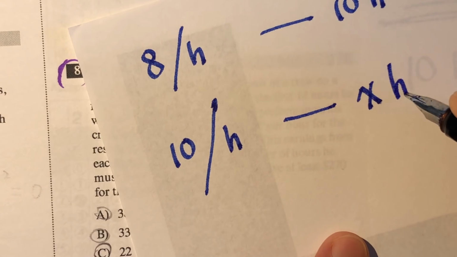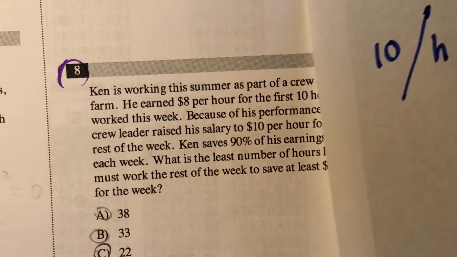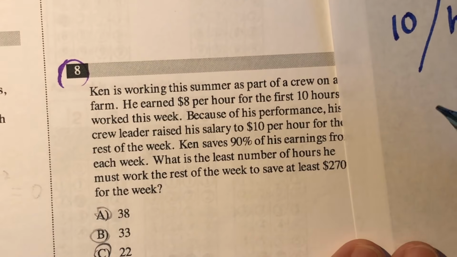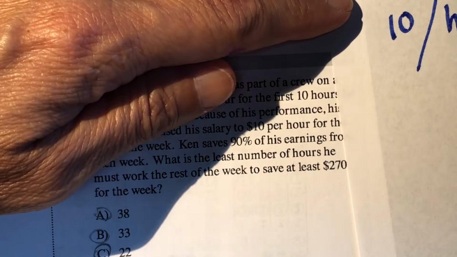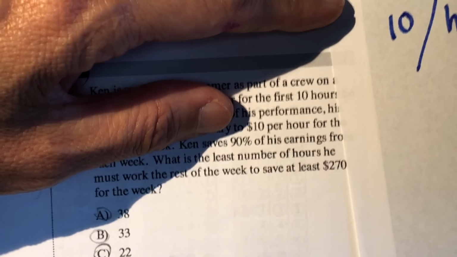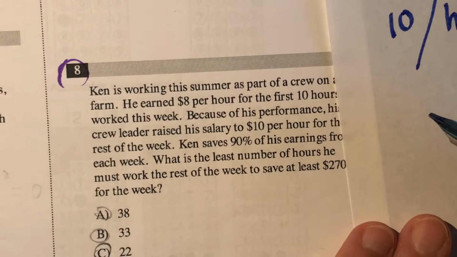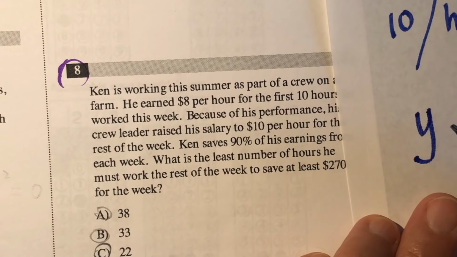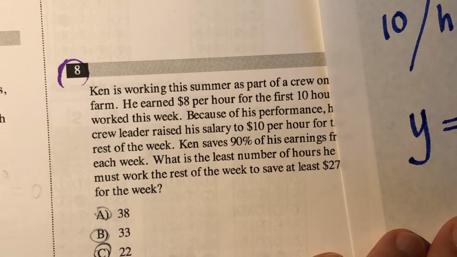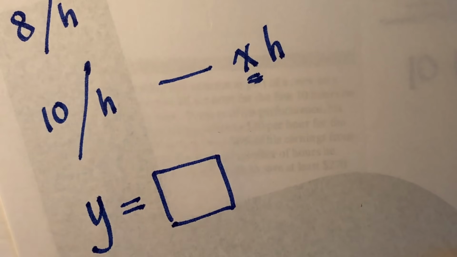He works X number of hours, so this is what he makes. After he makes it, he saves up. The money he saves is Y, let's say. Y equals all the money he made.